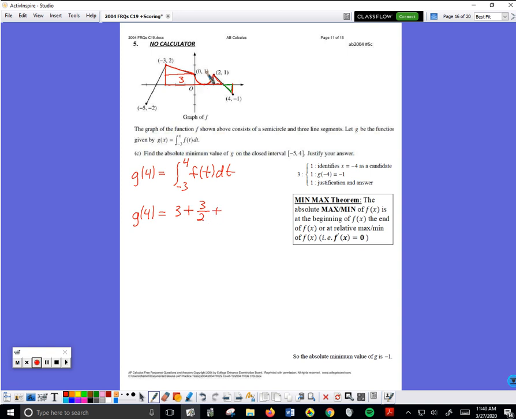plus, I need to find the area here. So there's a rectangle that's 2 wide and 1 high. So plus, the rectangle's area is 2. You take away from that rectangular area the area of this semicircle. That's pi over 8 multiplied by the diameter squared.